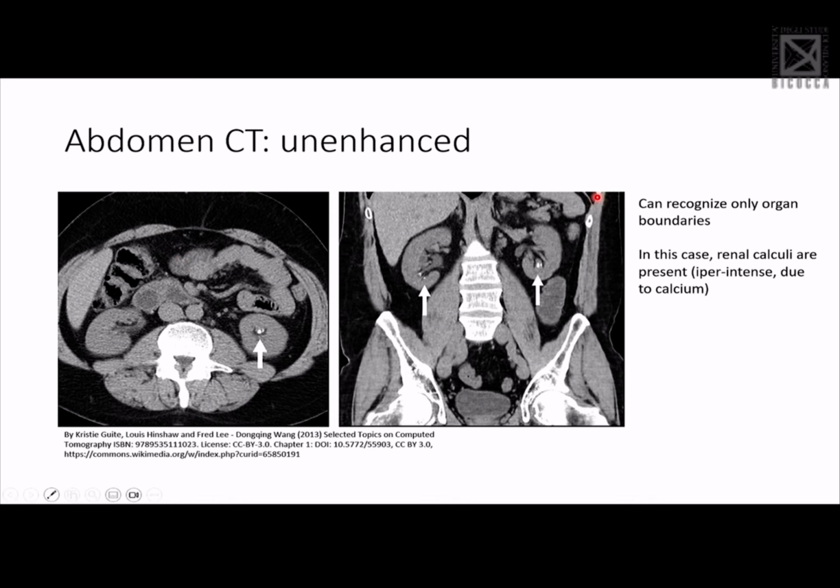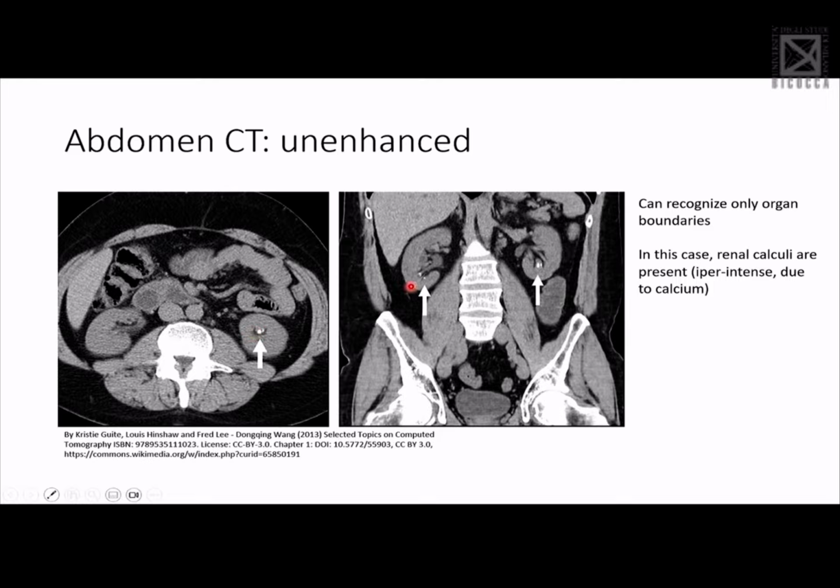And as I was saying before, we can recognize organ boundaries very well, like the kidneys. This is the intestine, all of that. This is the aorta.